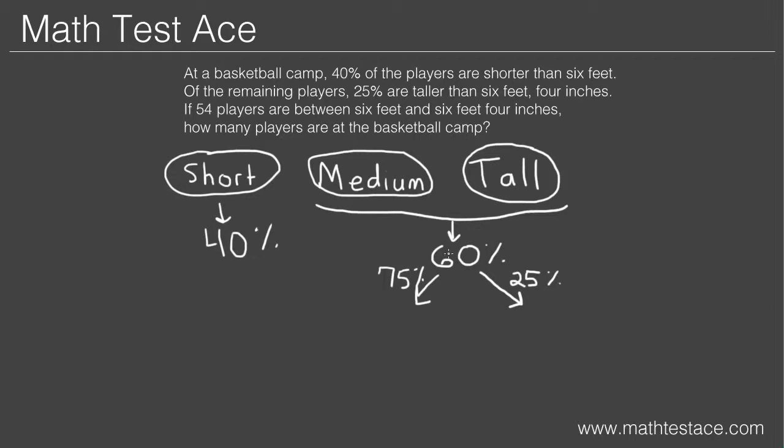Now here's a magic word in word problems, and that's "of." Of the 60%, 25% are taller than 6 feet 4 inches. "Of" means multiplied by in word problems.